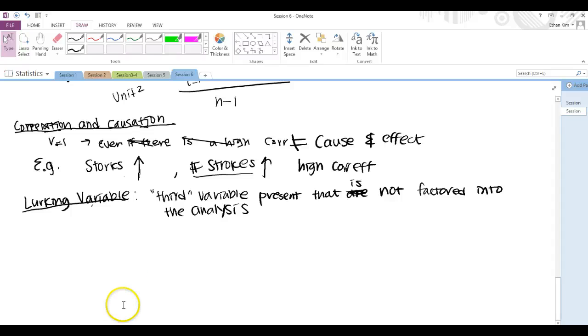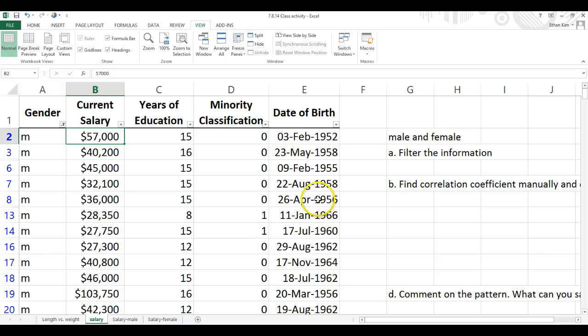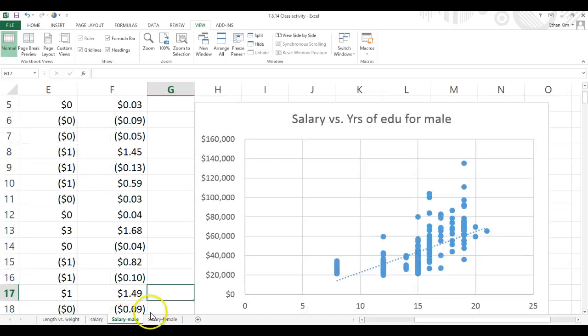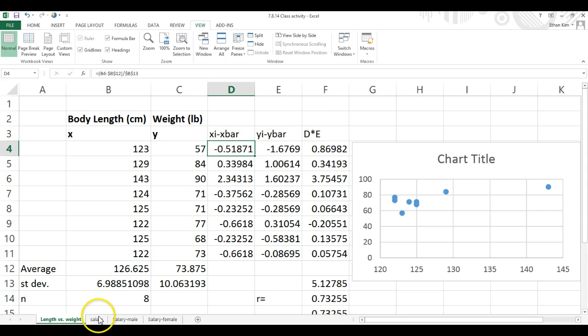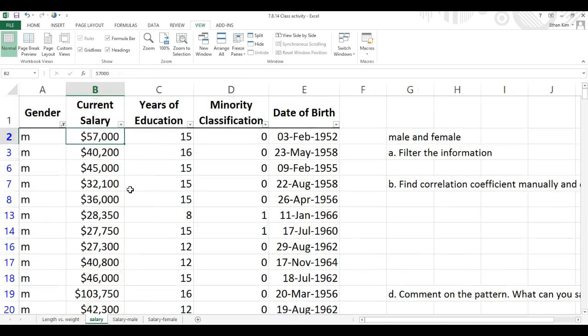So for example, for the class activity that we just did, even after you mention the correlation coefficient for salary of male and female, you might want to mention the existence of minority classification.